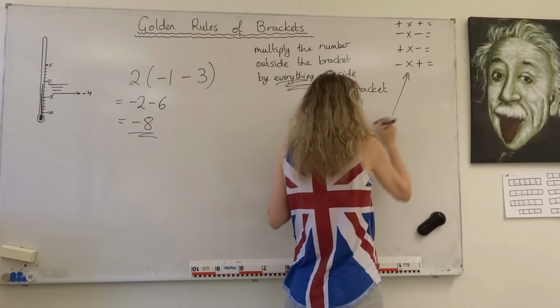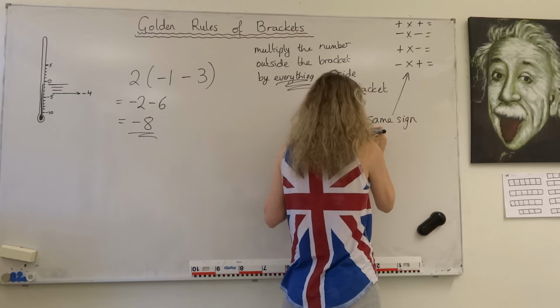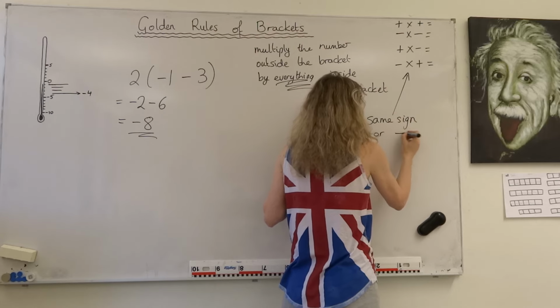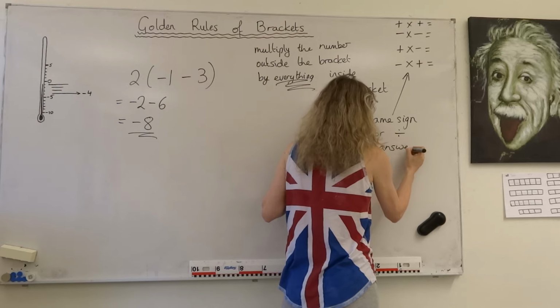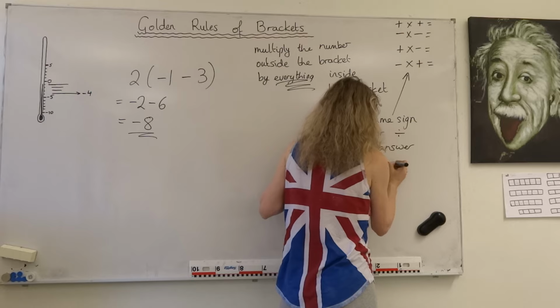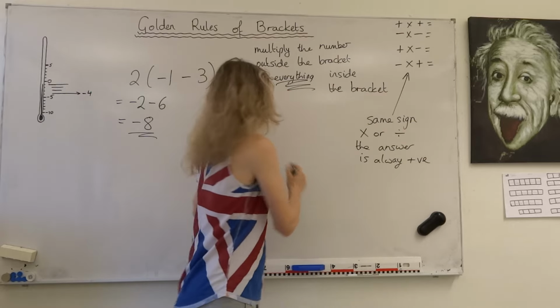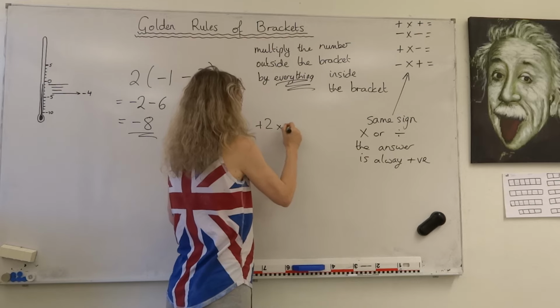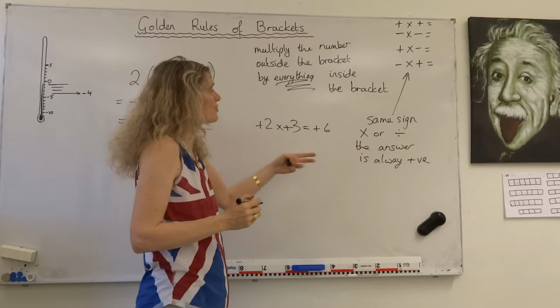When the sign is the same in multiplication or division, the answer is always positive. So if I have plus 2 times plus 3, I'm going to get the answer plus 6. 2 times 3 is 6.